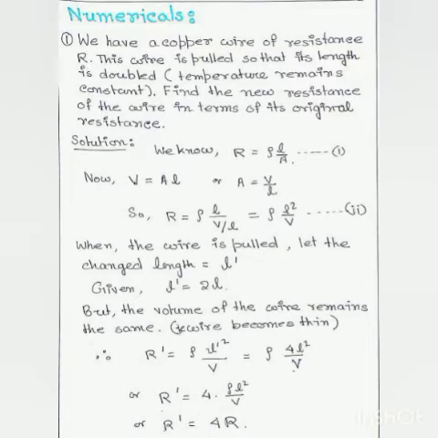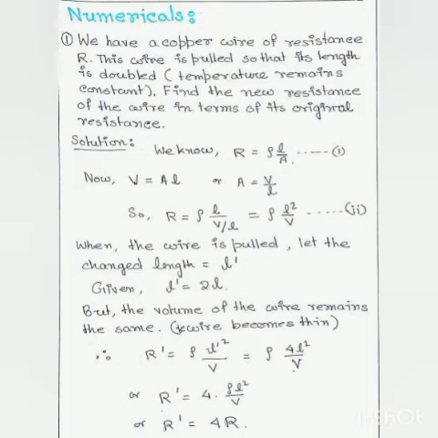Let us consider the original resistance R equals rho L by A. Now for this conductor, if the cross-sectional area is A and length is L, then the volume of the conductor V equals AL, or cross-sectional area A equals V by L. Substituting A equals V by L in equation 1, we can write R equals rho L square by V.